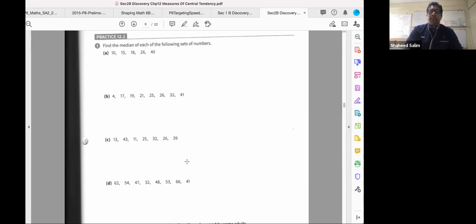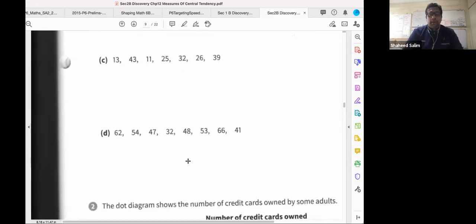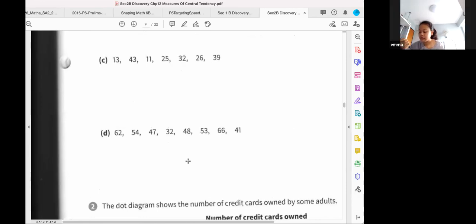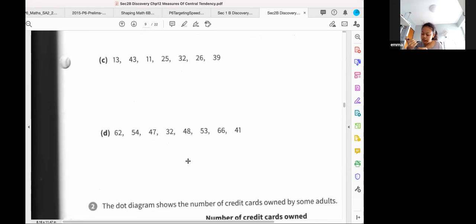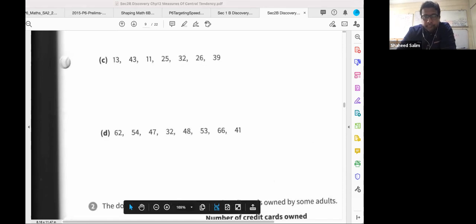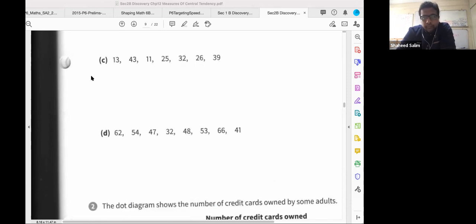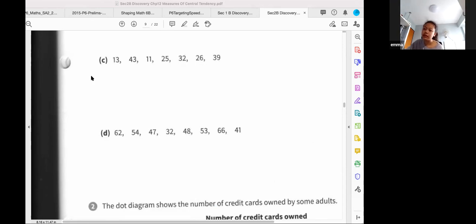Okay, for C you have to rearrange, jumble up. $29.